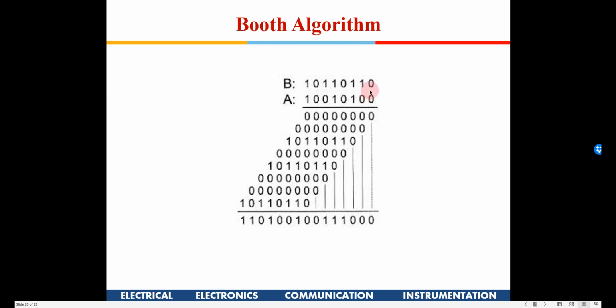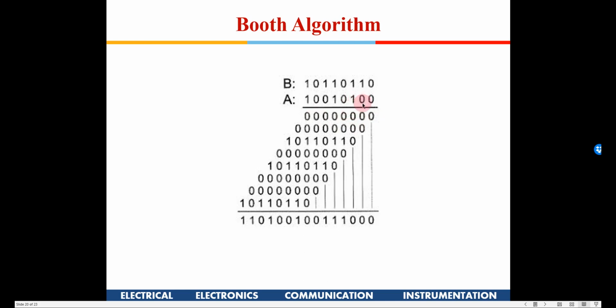Okay, now if you see here, what is done in the Booth algorithm is, this is the bit, right? If you are multiplying it with A, if this is 0, we write the entire thing as 0, and then shift it towards the left, or I can say you are shifting it towards the right, okay.